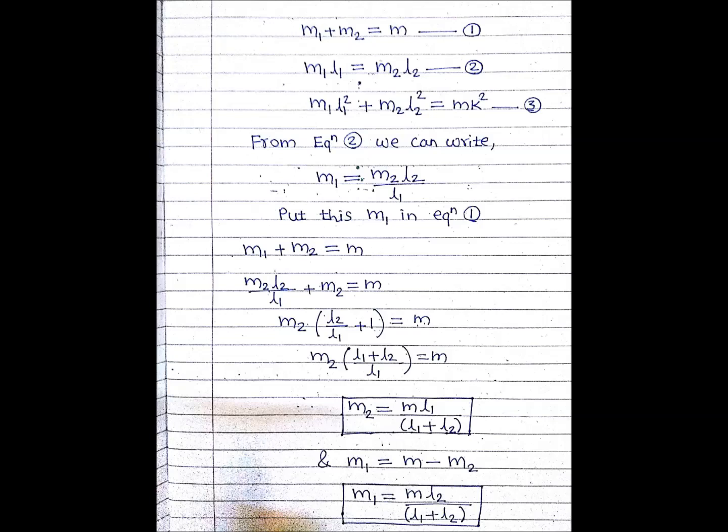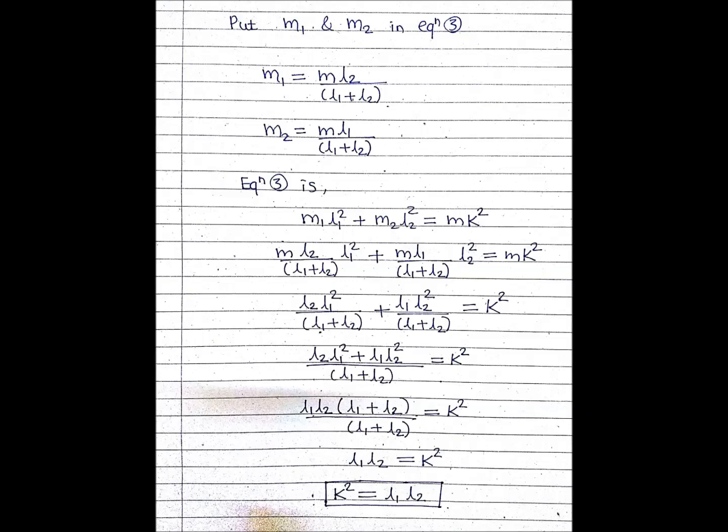In the same manner for m1 we can write the total mass multiplied by the opposite arm. So for m1 the opposite arm will be l2 divided by the distance between m1 and m2, that is l1 plus l2.